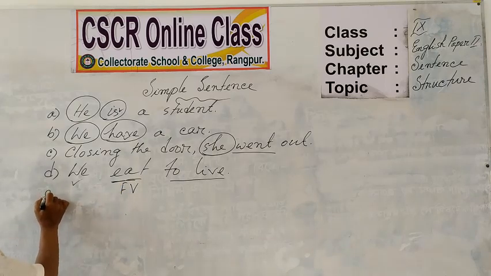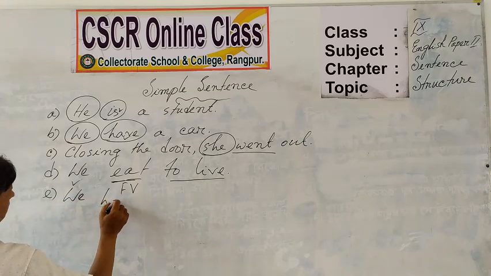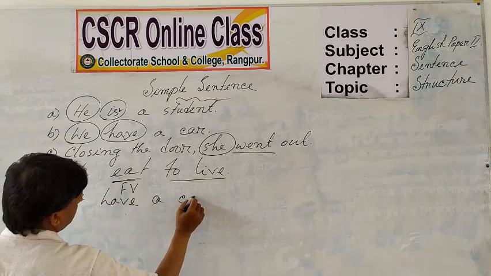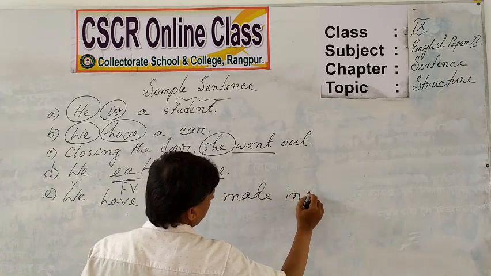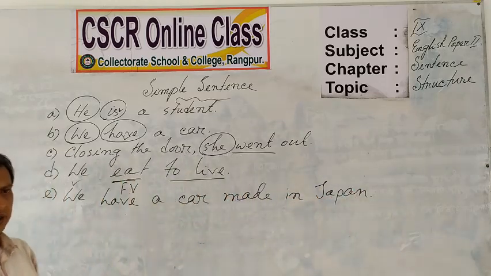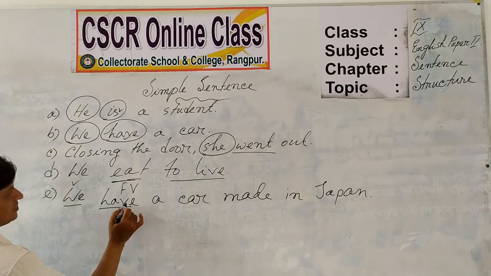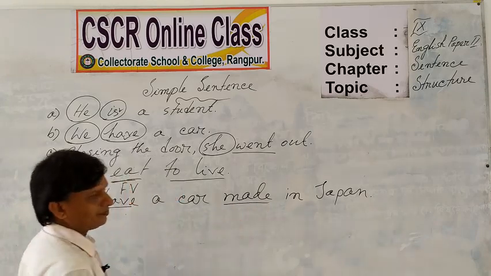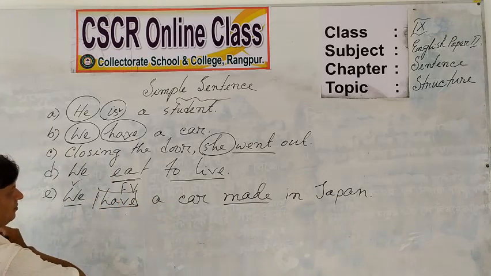Again, another example. We have a car made in Japan. Here is only one subject, we, but there are two verbs, have and made. Dear students, though there are two verbs, the finite verb is have.